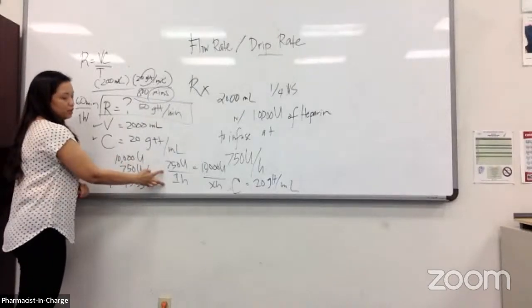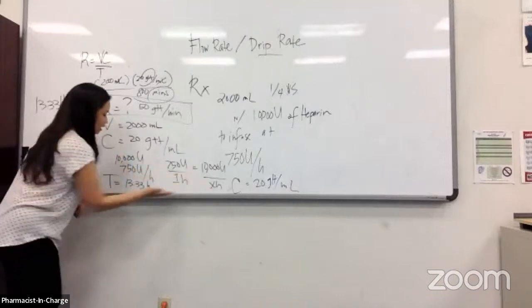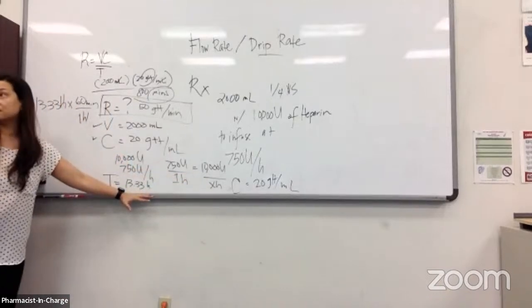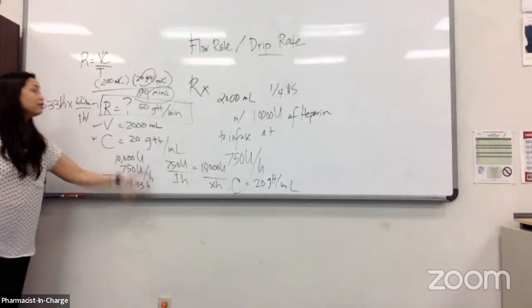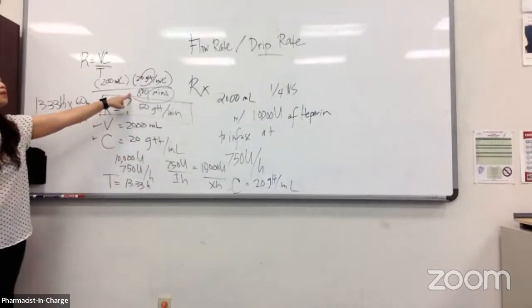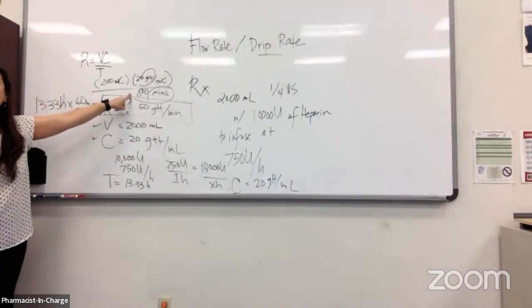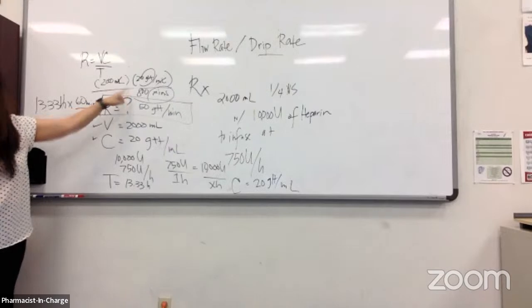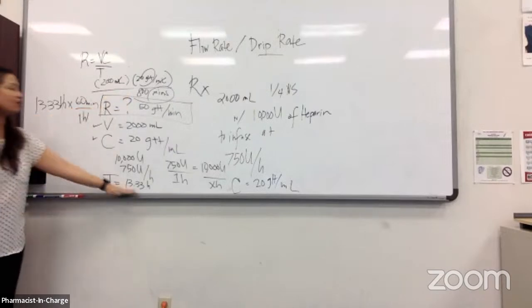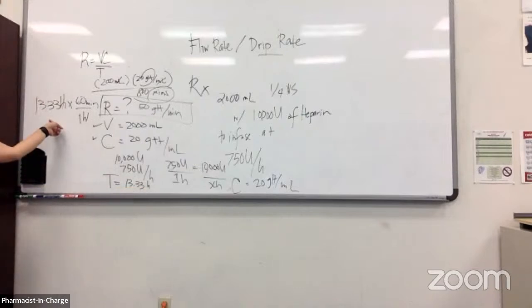If I'm going to use ratio and proportion, I can get 13.33 hours as a time. If I plug this in, it will come up as drops per hour, right? So before I plug it in, I should convert my hours to minutes so that I can end up with drops per minute.